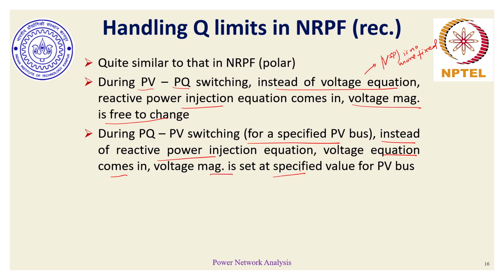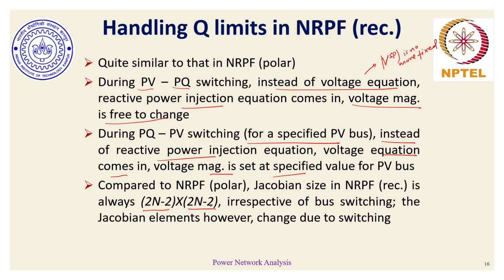So essentially, comparing Newton Raphson in rectangular coordinates and polar coordinates, the dimension of the Jacobian matrix in rectangular coordinates remains the same irrespective of PV to PQ switching or PQ to PV switching, which is 2n minus 2 cross 2n minus 2. The order of equations changes, while the Jacobian dimension doesn't.